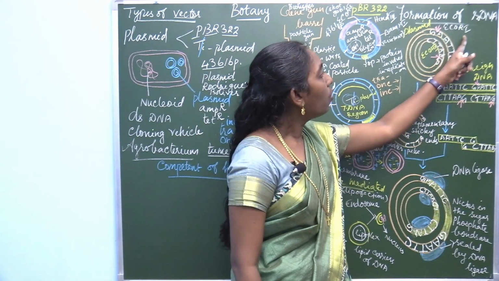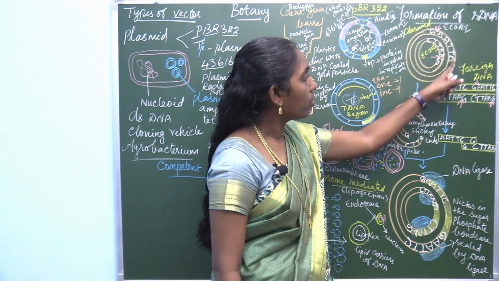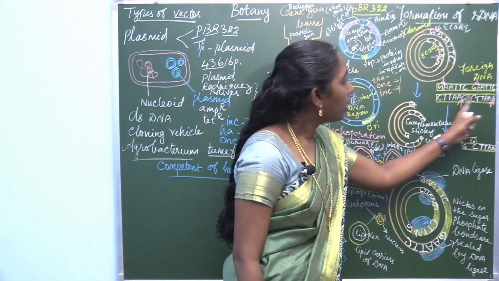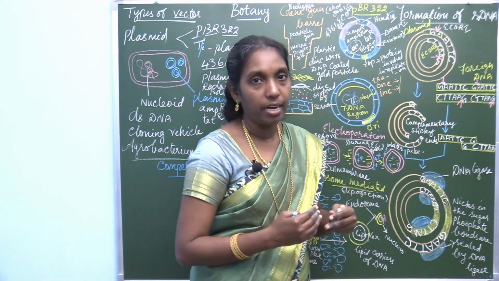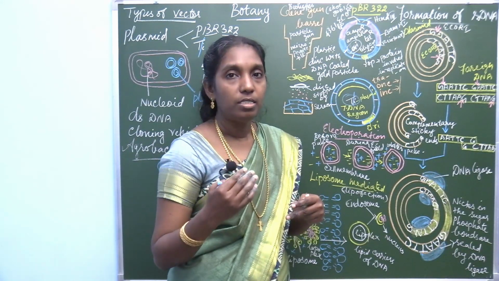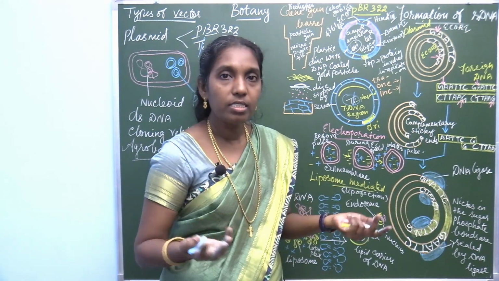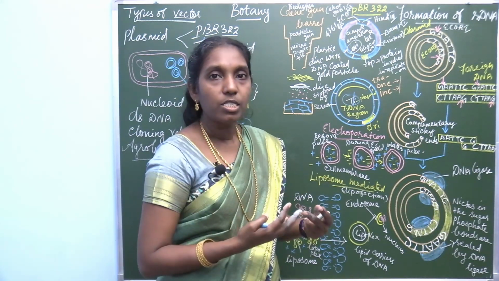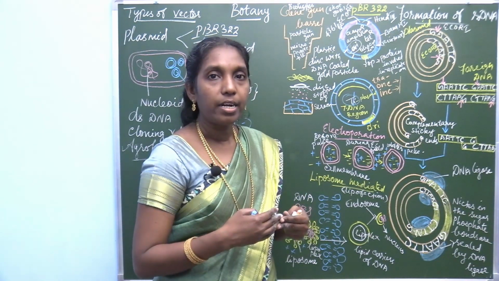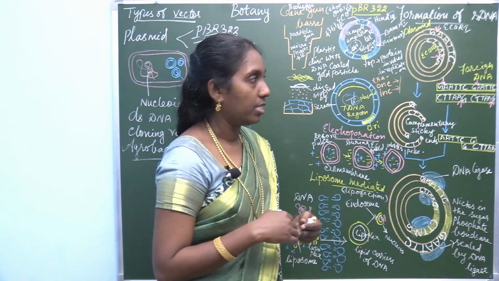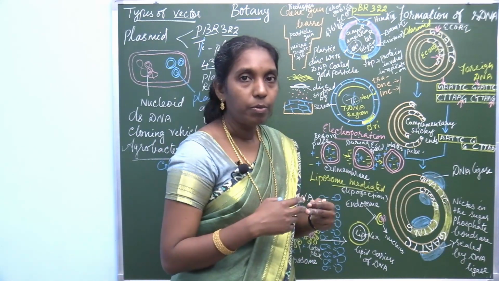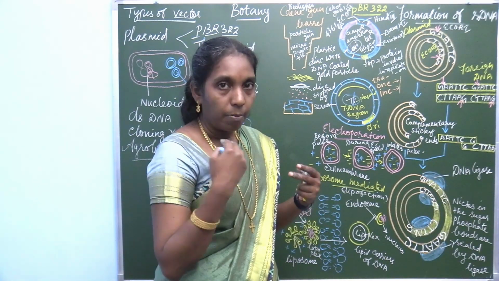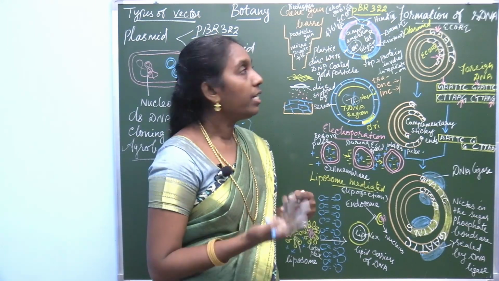This is the DNA sequence of the plasmid, and this is the DNA sequence of the foreign gene. The foreign gene is the desirable gene. It is introduced by means of restriction enzyme and ligase. These two enzymes are very important to make recombinant DNA.